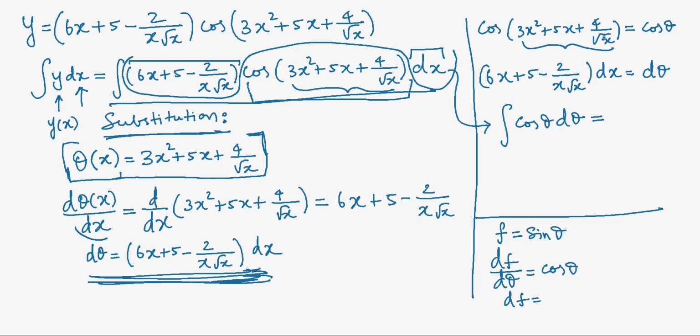So the df is actually cosine theta d theta. So if you integrate on both sides, add all the small pieces of df and add all the small pieces of this cosine theta multiplied with the d theta, that is what our f will be. So the f will be the sine theta. Do you get that? Yes, uncle.